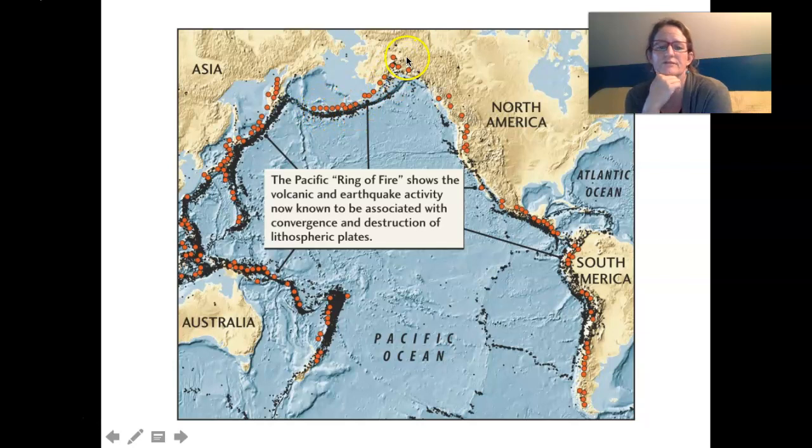Okay, so that's the Ring of Fire. And in those locations, older oceanic crust is going underneath younger oceanic crust, or it's going under buoyant continental crust.